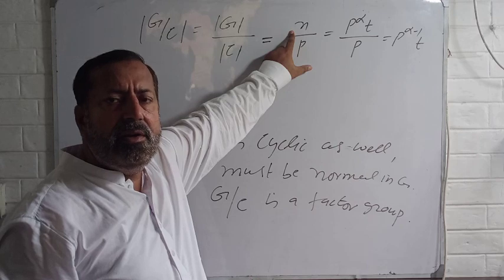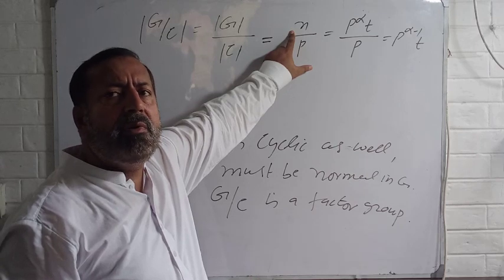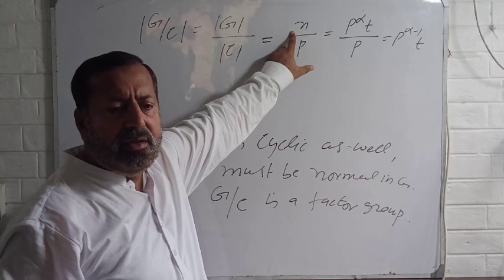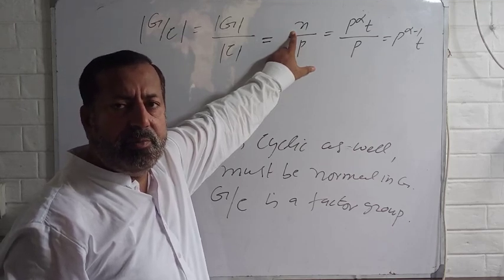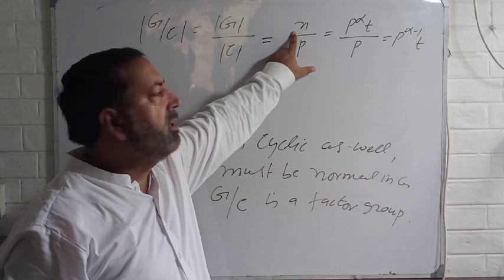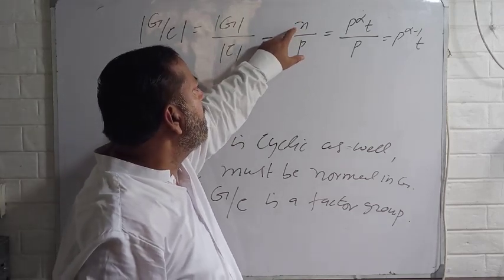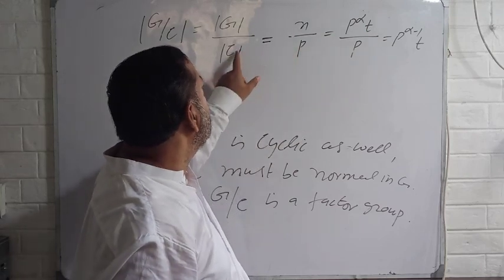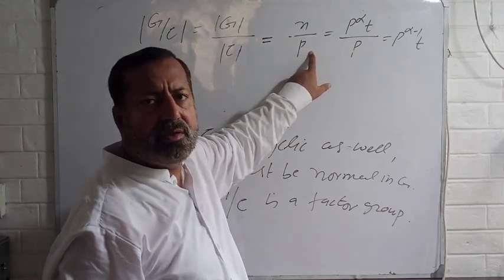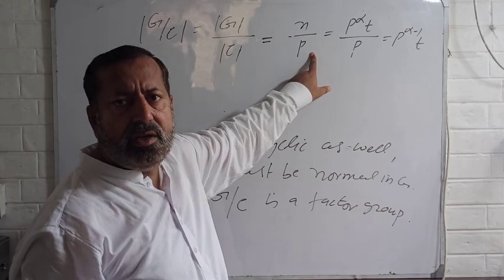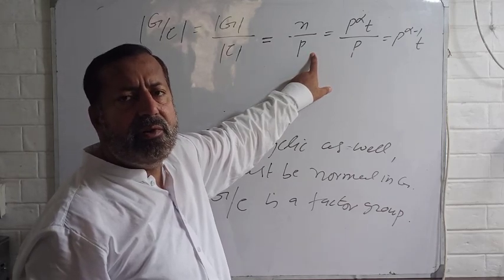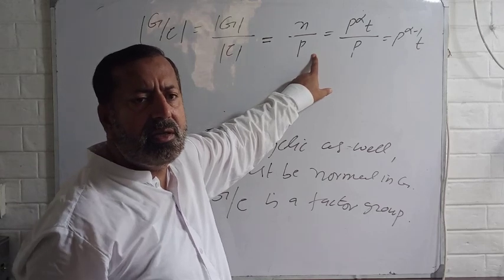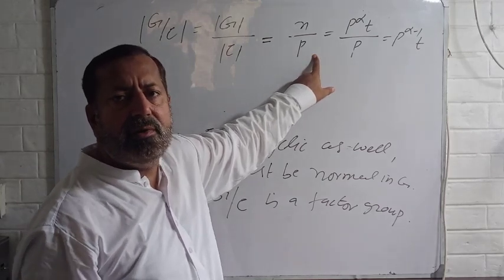that P power alpha divides n, but we need to show that P power alpha plus 1 does not divide n, to show that H is a Sylow-p subgroup in G. So the order of H is P power alpha. So that's why n is P power alpha into some T, and the order of C is P because it is generated by Z, and Z is of order P, so the corresponding cyclic group generated by Z is of order P as well.